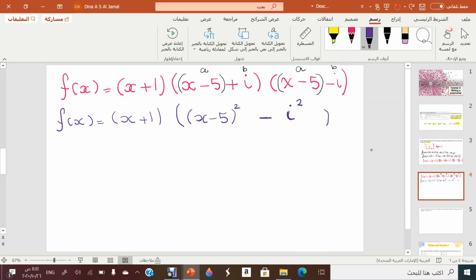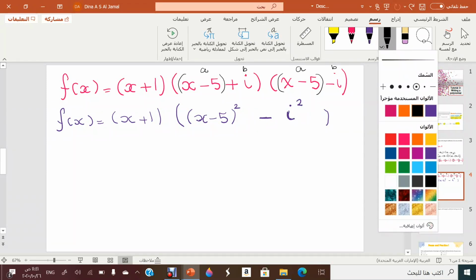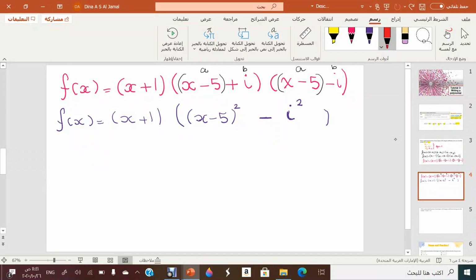Now let's simplify this further, and let me remind you of the square of addition or the square of subtraction. You talked about it before: whenever you have a square of subtraction, all you need to do is square the first part, square the last part, and then subtract 2 multiplied by the first and the last, 2ab.